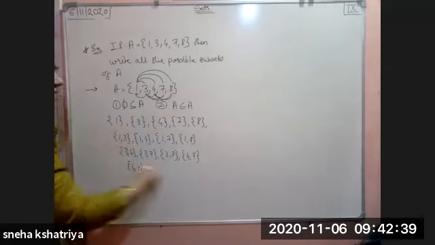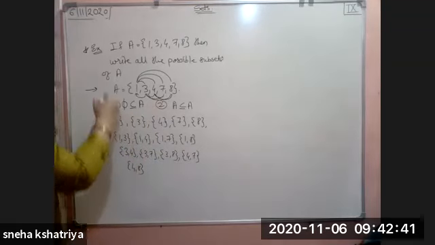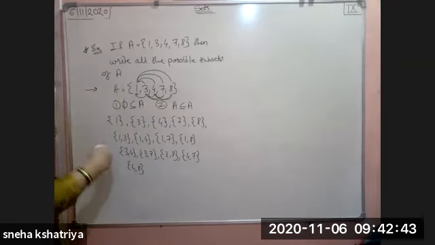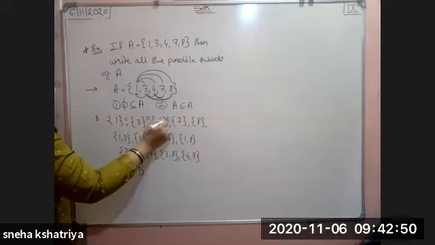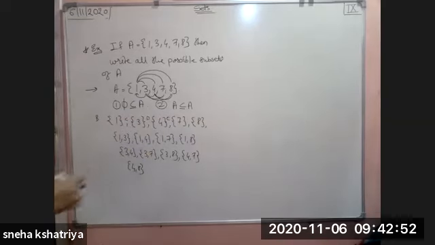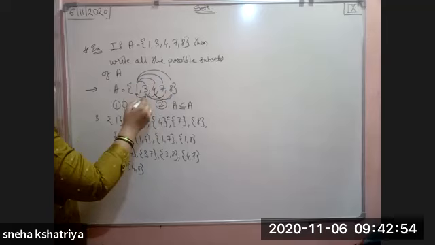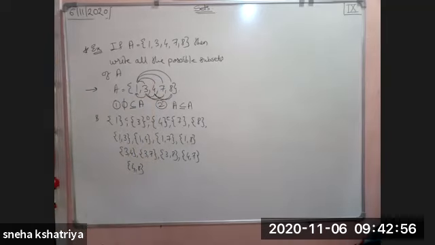So all these sets are subsets of A. If we start from B, C, D, E, there are many sets which we have to form. Just now we are taking only pairs.